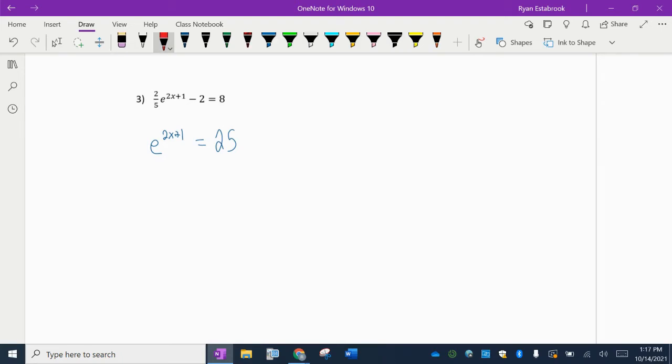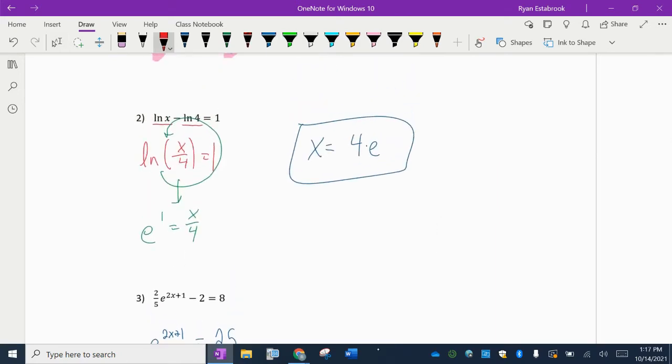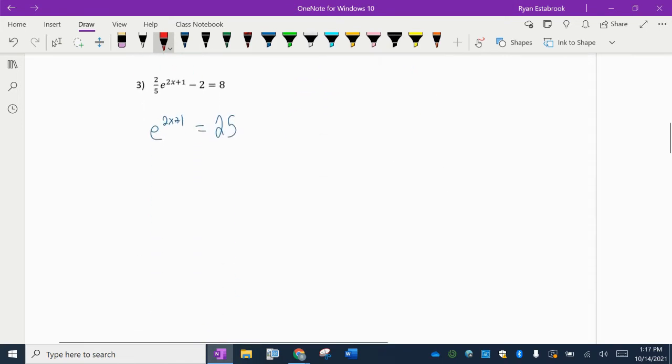But once again, we're stuck. Just like the last one where we were stuck in the log form, so we converted it into exponential, we're going to take this one, which is stuck in exponential, and convert it into log form. So it's going to be log base e because it's the base of the exponent also. What's another way to write log base e? ln.